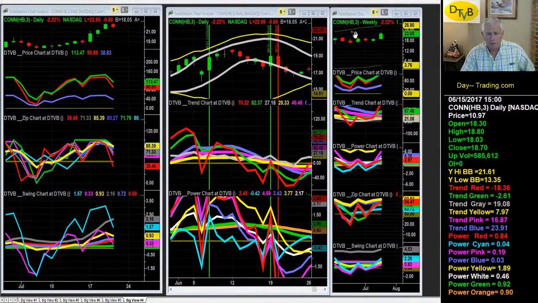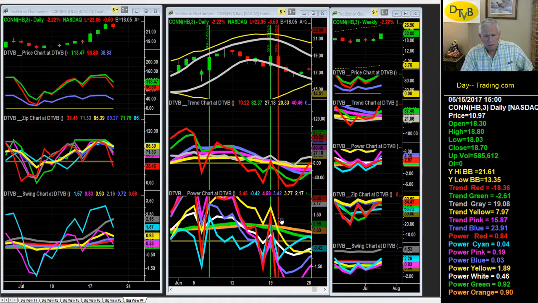In the first example here, I have a green vertical line on the left side of the red vertical line, and that's the day that power red, right down here, crossed over zero. It also crossed over power orange on the same day and gave us a fairly nice green candle.